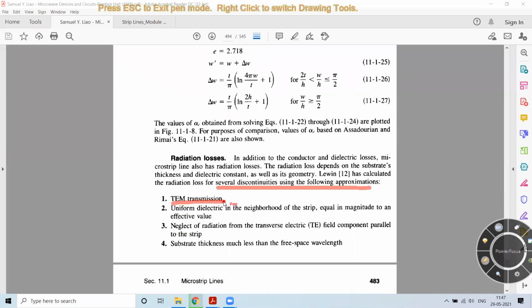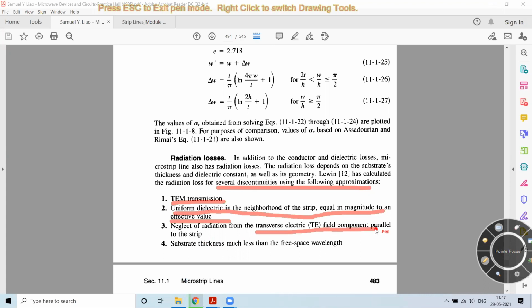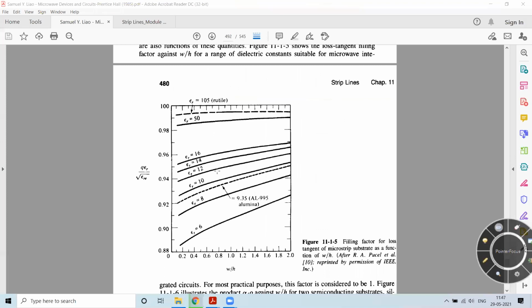One is the transverse electromagnetic transmission. Then there is the dielectric material which has been utilized in building the microstrip. Apart from that, when we make some assumptions, we also neglect the transverse electric field components. That is what we had seen previously.